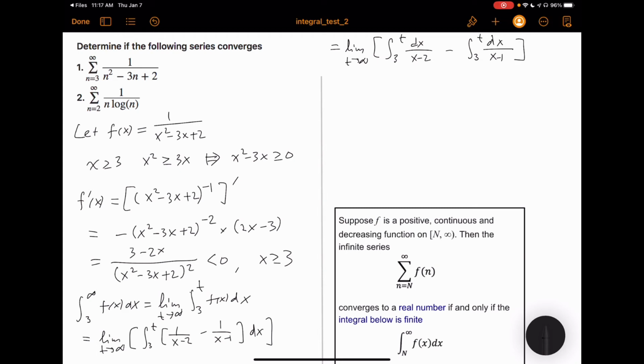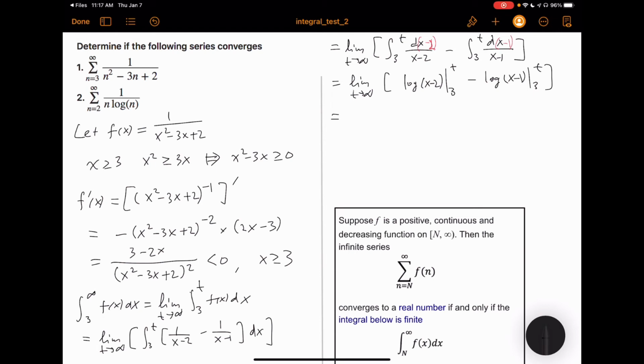So we can subtract 1 here: d of x minus 2 can be written as d of x minus 1. Once we write this, it's clear that this is equal to the limit as t tends to infinity. And now the integral here is just a log of x minus 2, evaluated from 3 to t, subtract log of x minus 1, from 3 to t.